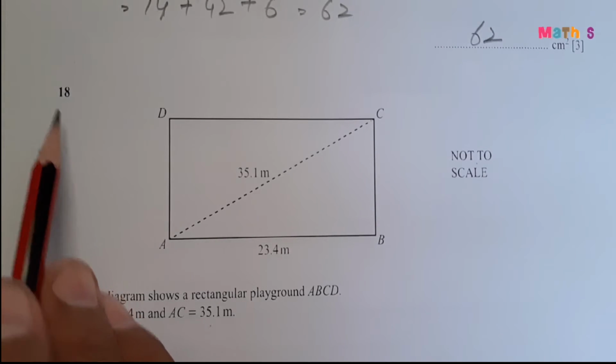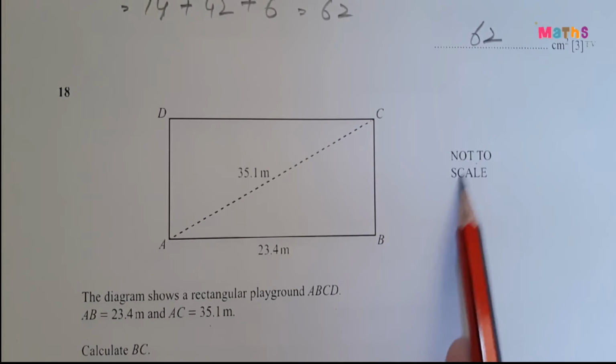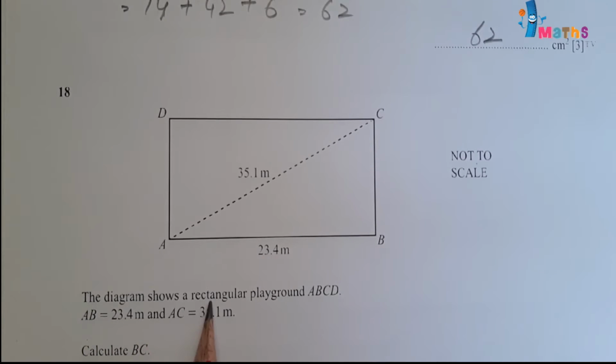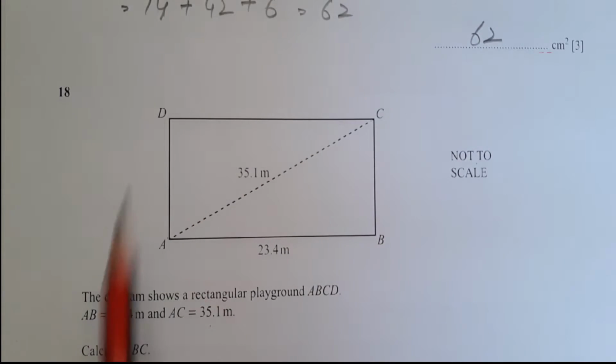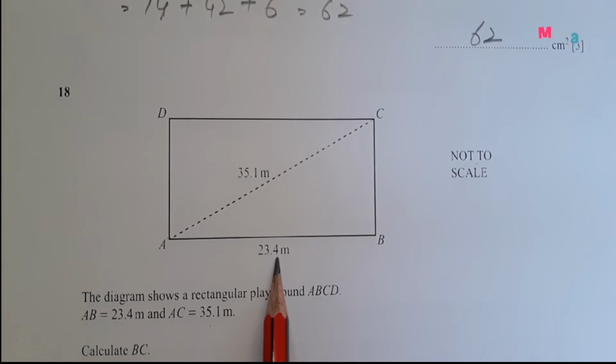Question number 18. Diagram is provided which is not to scale. The diagram shows a rectangular playground ABCD. AB is 23.4 meters and AC is equal to 35.1 meters. Calculate BC.